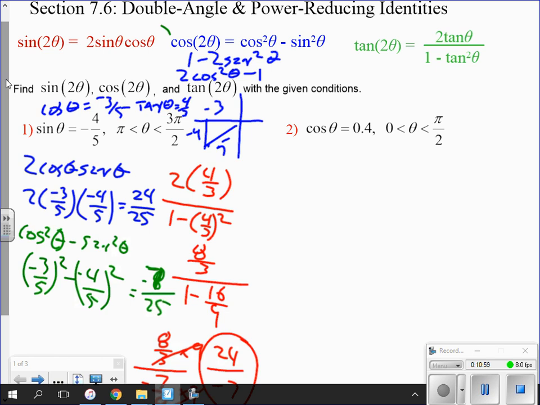Maybe. But it doesn't really matter because sine times cosine, remember, multiplication is commutative. Means you can swap them. Right? Addition and subtraction are not. You can multiply, it doesn't matter the order. Addition, subtraction, it does matter the order.